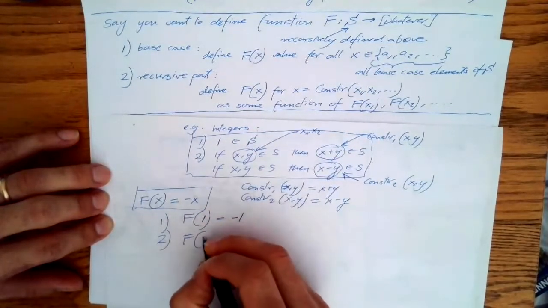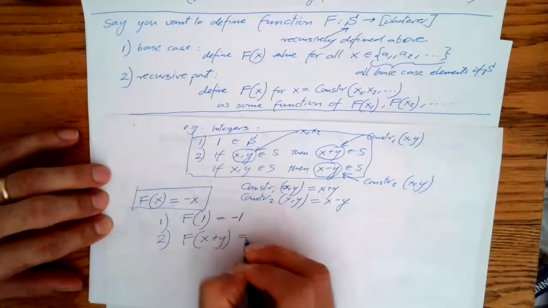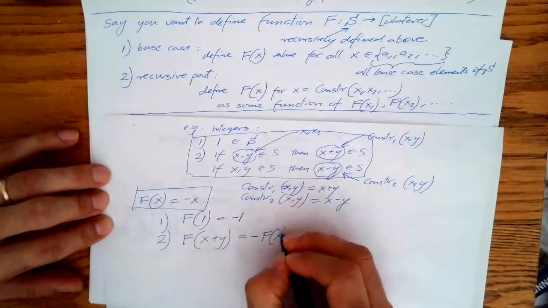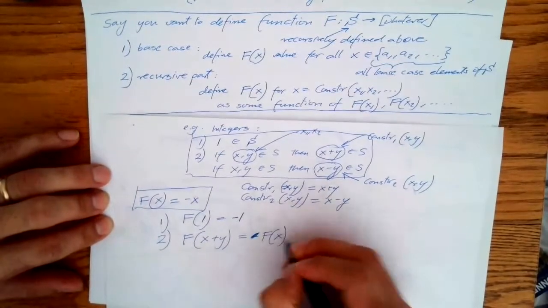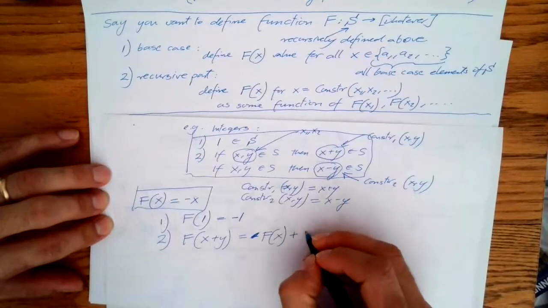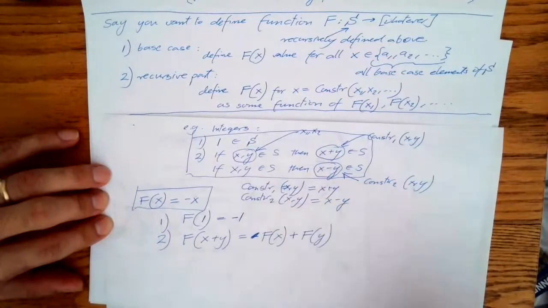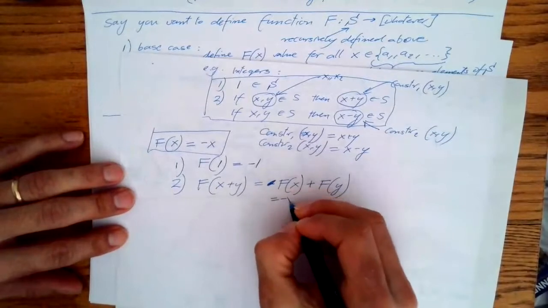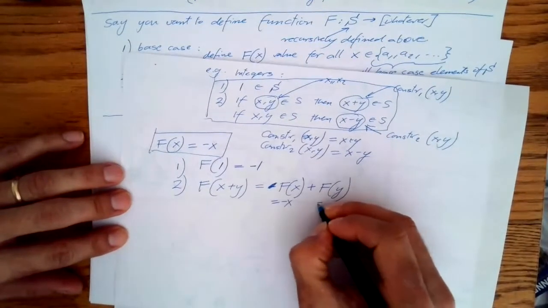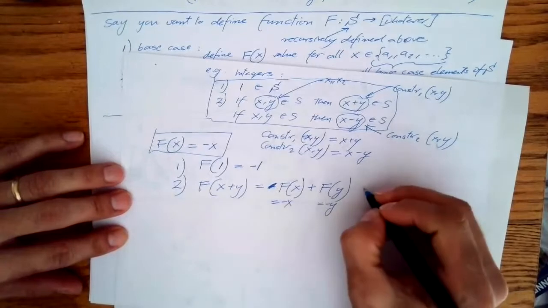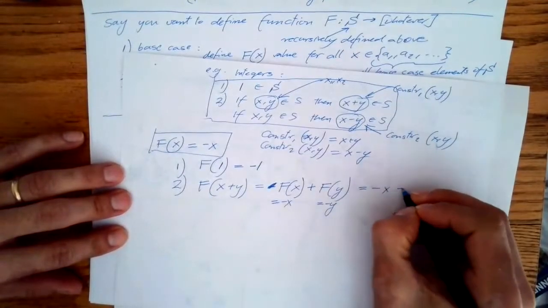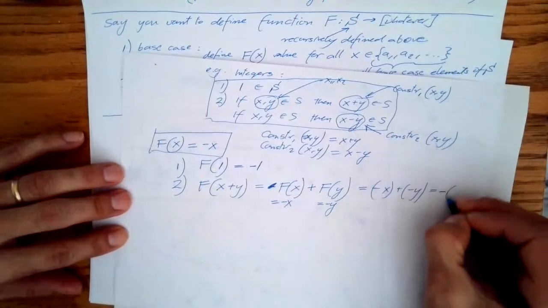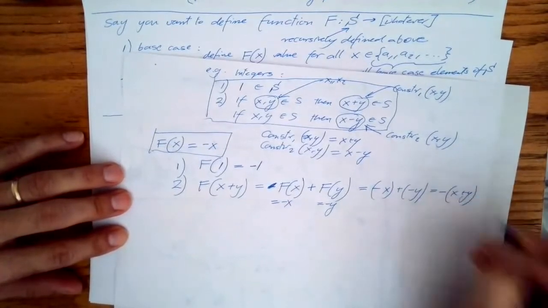How about this? f of x plus y is minus f of x. No, it's actually minus f of x plus f of y, right? Because if this is indeed minus x and this is indeed minus y, then this whole thing is minus x plus minus y, which is successfully minus the quantity x plus y.